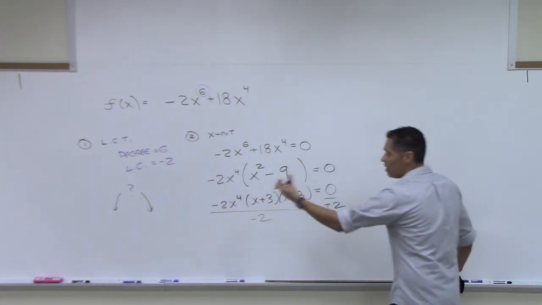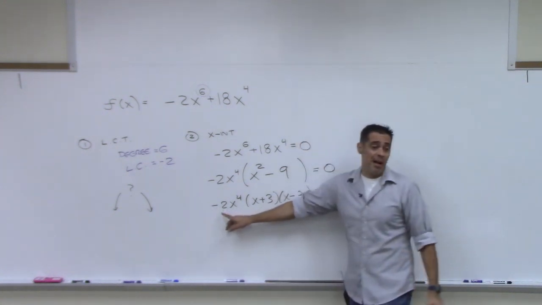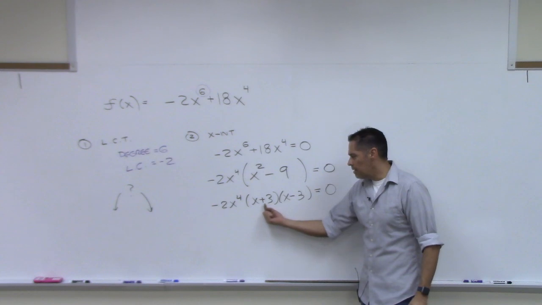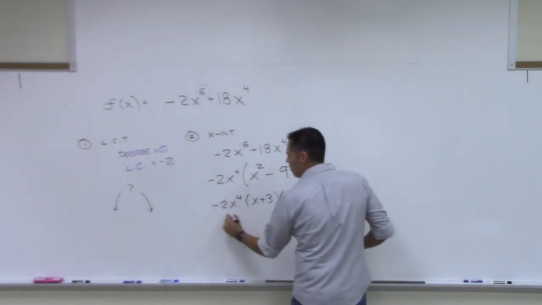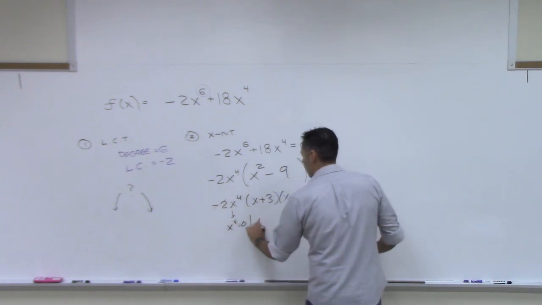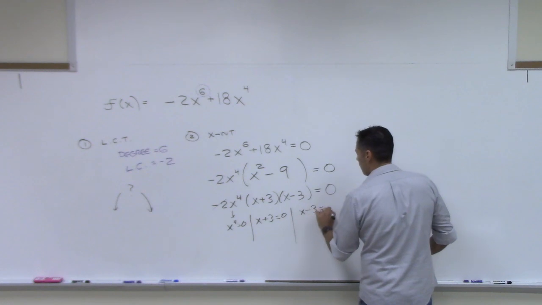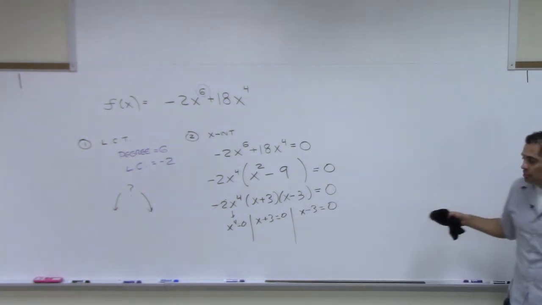In other words, if you have a number outside by itself, just ignore it. But it has to be a number by itself. It can't be a number inside like this. So really, I'm just going to ignore that. I'm going to set x to the fourth to 0, set x plus 3 to 0, x minus 3 to 0, and get my answers.